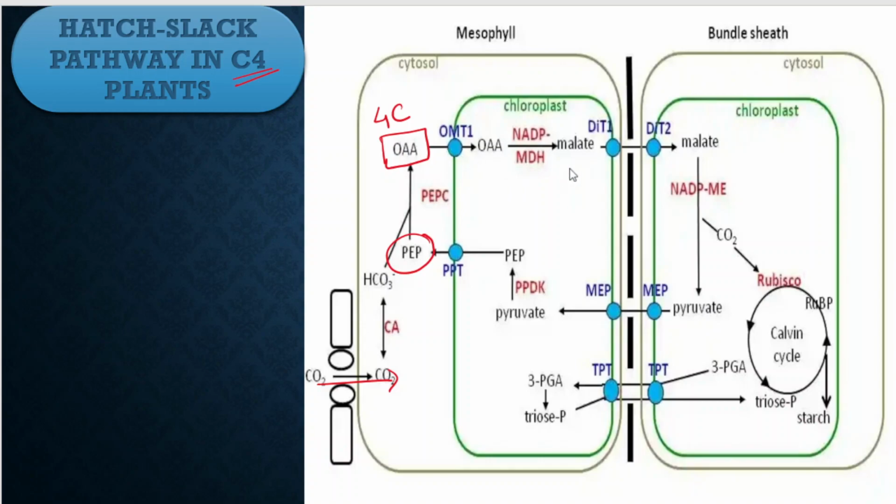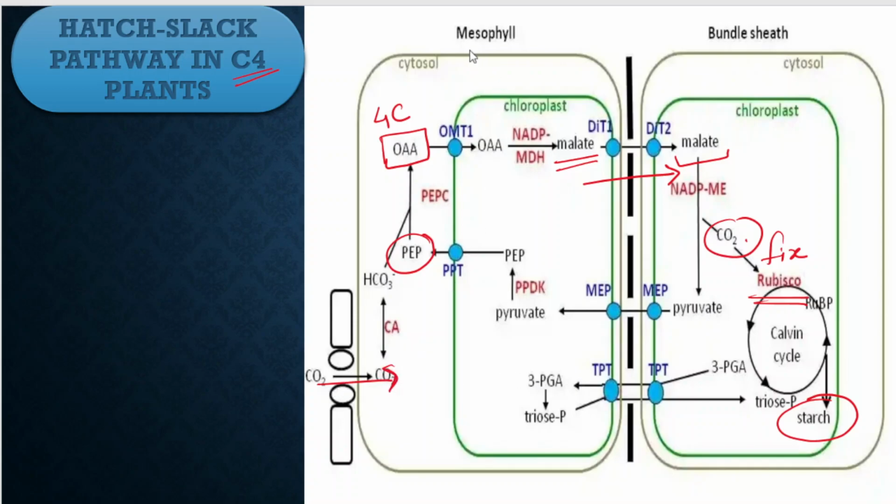Then this oxaloacetate is converted into malate, which is transferred into bundle sheath cell, and this malate releases the carbon dioxide in bundle sheath, and this carbon dioxide is being fixed by Rubisco through the Calvin cycle, and the starch is being produced.